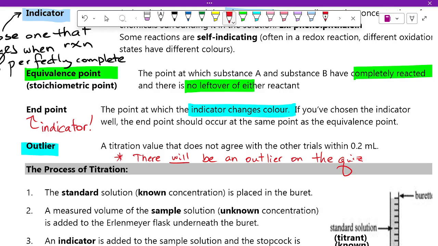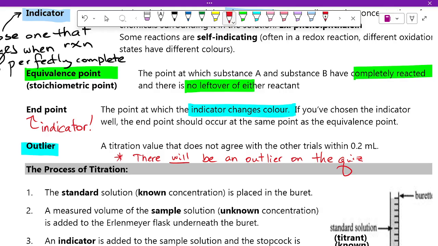So what might happen though is you might calculate your molarity for each of your samples. We call them trials. You try it once, you try it a second time, so it's called a trial. Maybe you've tried it 4 times and 3 of them give you 1 molar and 1 of them gives you 2 molar. The 2 molar is what we call an outlier.